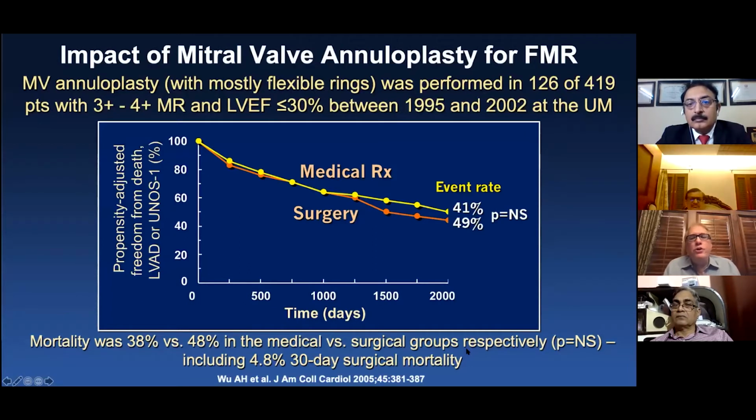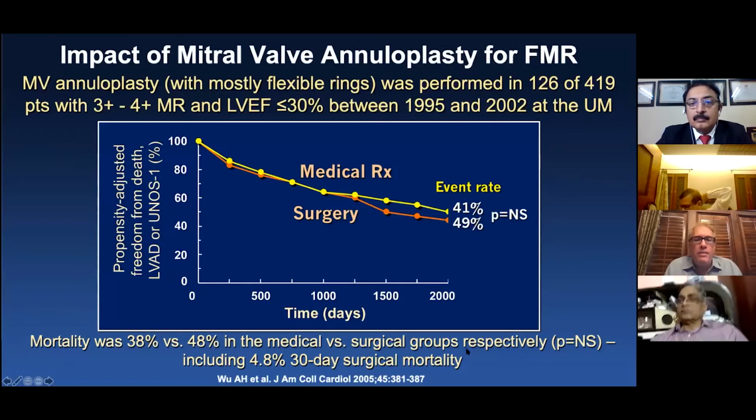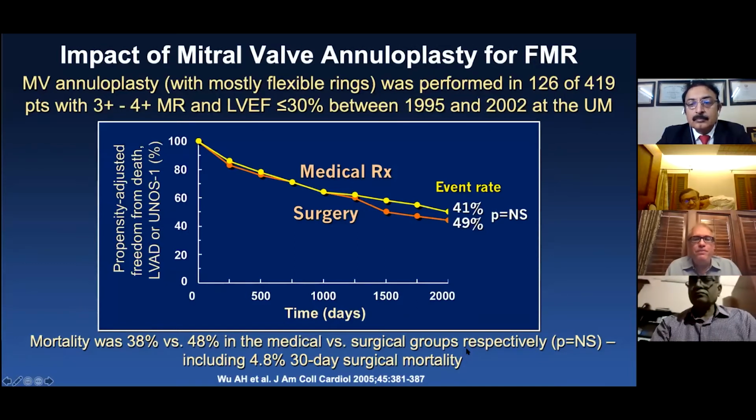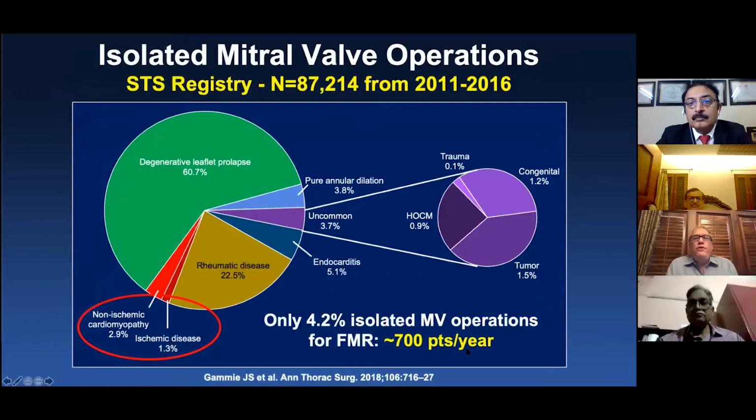And we know the recurrence rates for surgery for functional mitral regurgitation are also much higher than after a good repair for primary or degenerative mitral regurgitation. If you look, for example, in the United States at how mitral valve surgery for mitral regurgitation is practiced, the vast majority is for primary or degenerative mitral regurgitation.